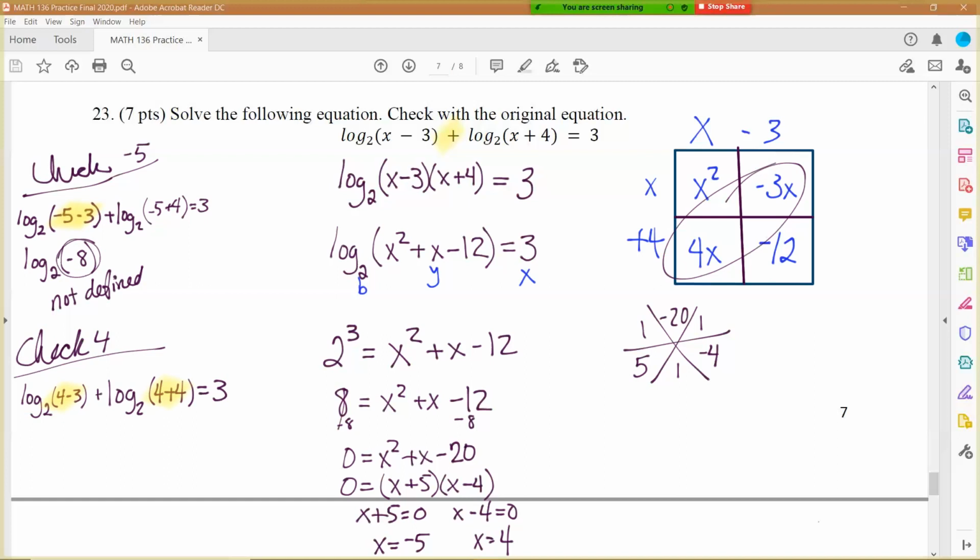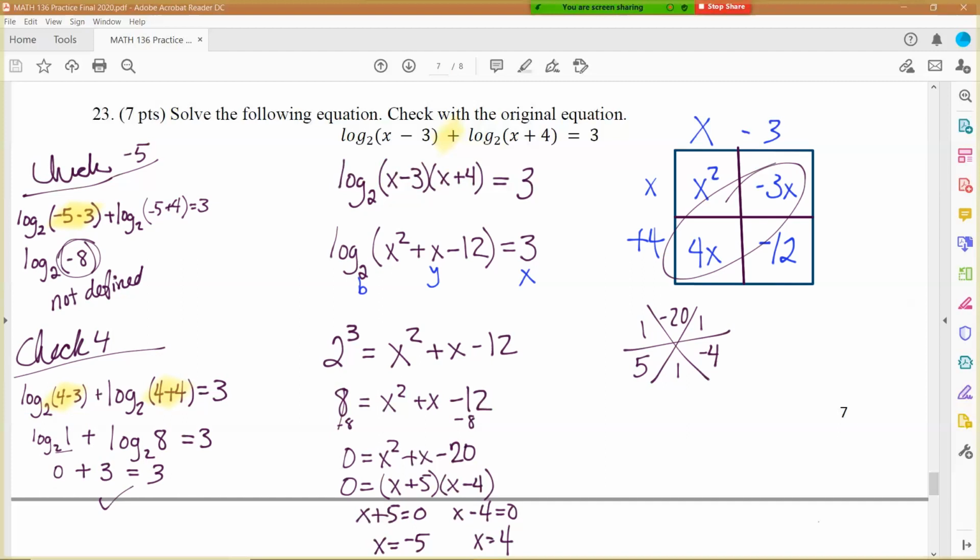No. You'd have to do change of base for the first one. So log of 1 divided by log of 2, which is actually 0. Log of 8 divided by log of 2, which is actually 3. Checks out. Promise you're going to get one on your test that gives you a negative, the other one doesn't.